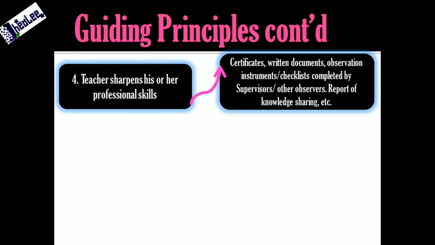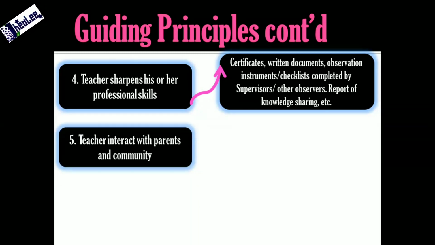So therefore, you can use that as a source of evidence too. What if you want to use the invitation? Something to prove that you actually went to that particular thing. You're showing that you have sharpened your skills throughout the period.